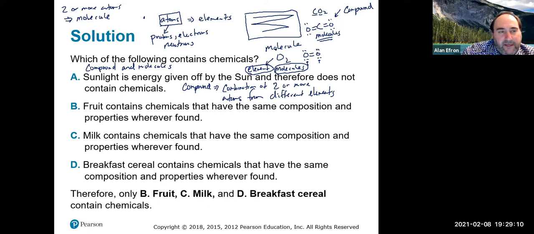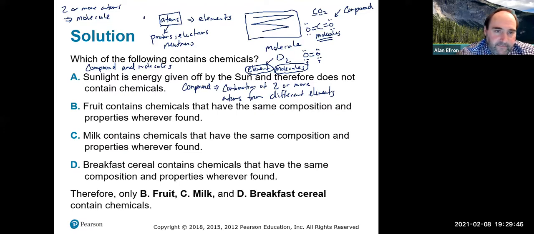A molecule is a simple definition of two or more atoms. They could be the same element, or atoms of different elements coming together. Those are all definitions of a molecule. But for something to be considered a compound, it has to be two or more atoms of different elements coming together, like CO2, which is carbon and oxygen coming together. Any questions on that?